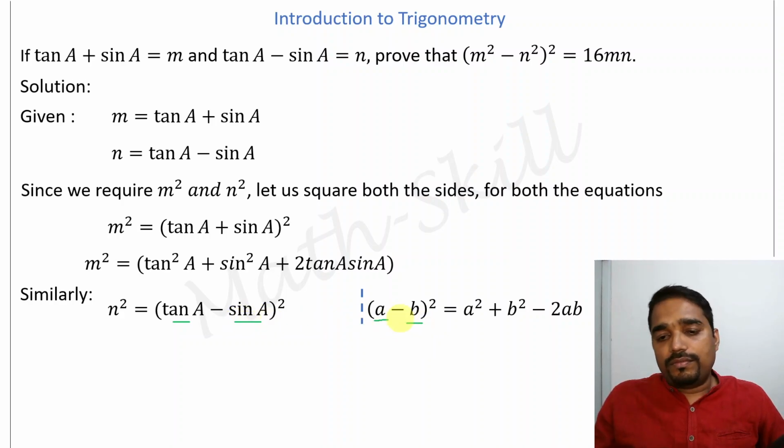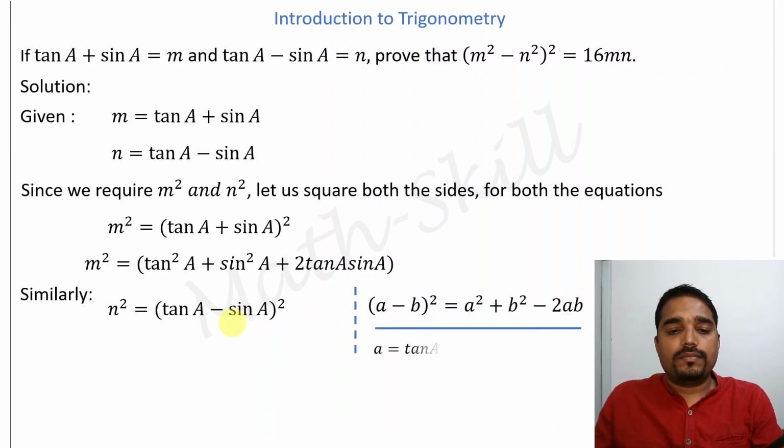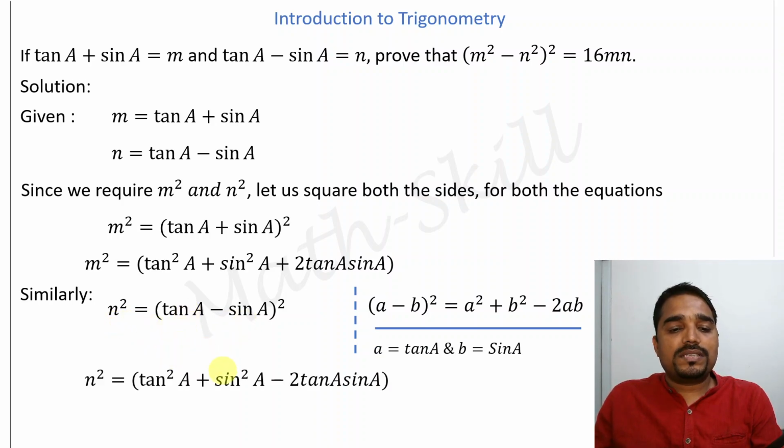Therefore, n square is equal to tan square a plus sin square a minus 2 times tan a multiplied by sin a.